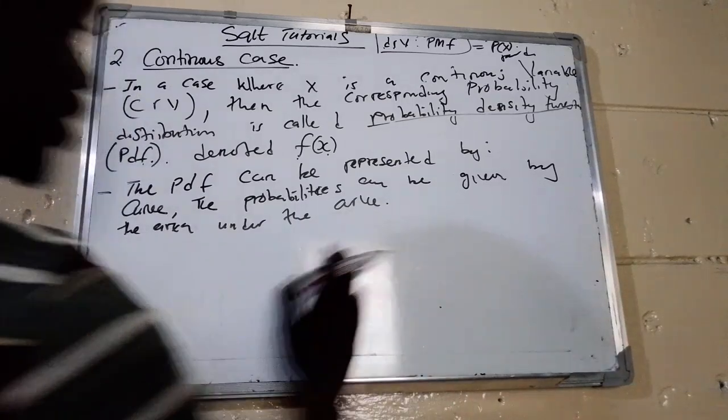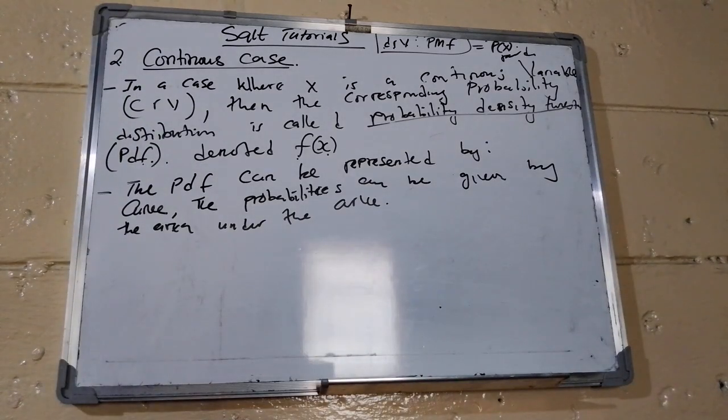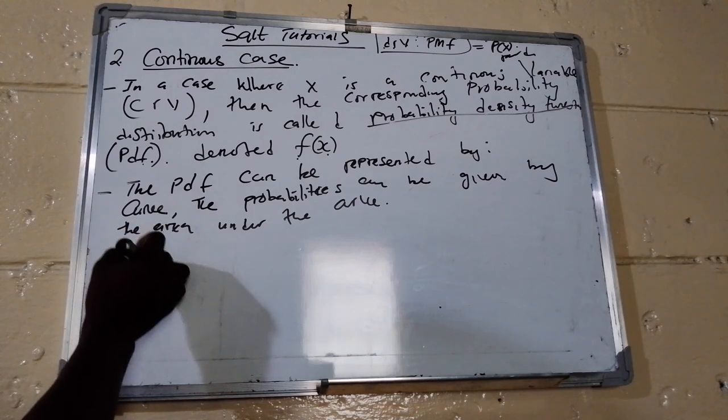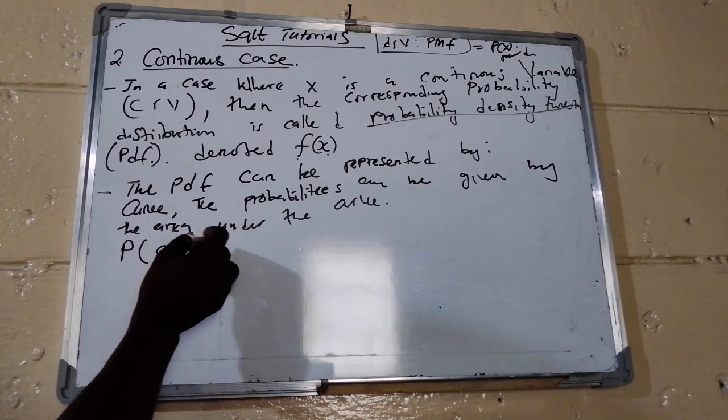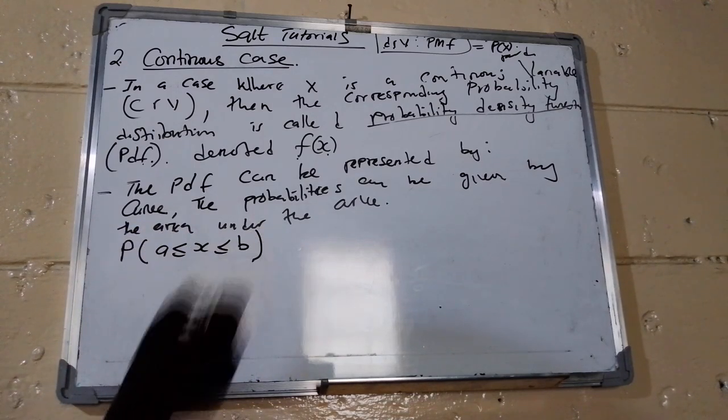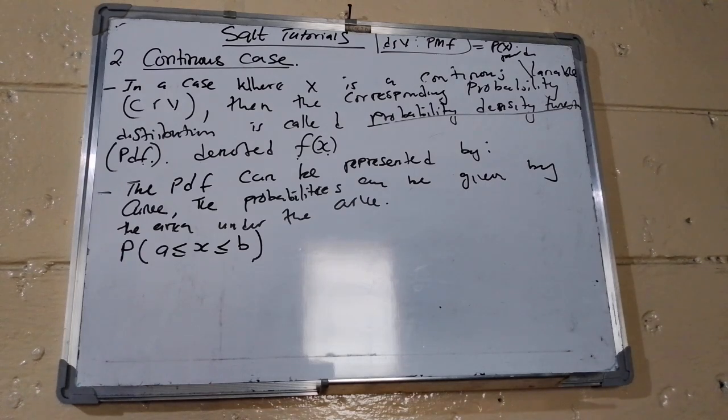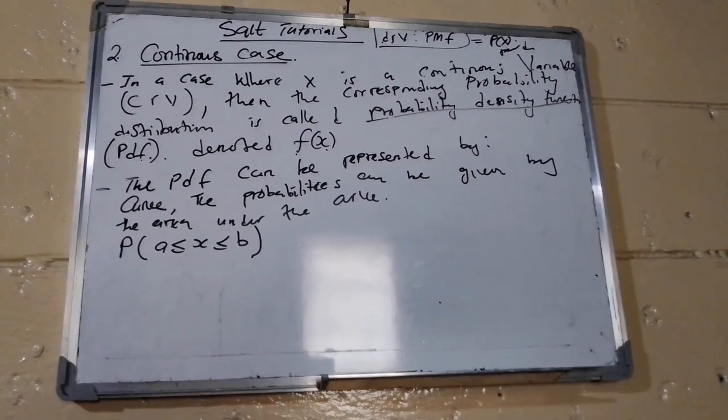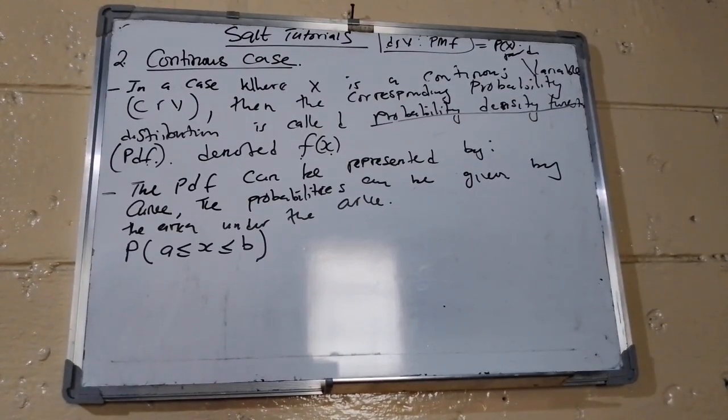So if that is the case, being the PDF, if the probabilities are given by the area under the curve, we can calculate this probability as P(A < X <= B), the probability that X is between A and B, where you're talking about the area.